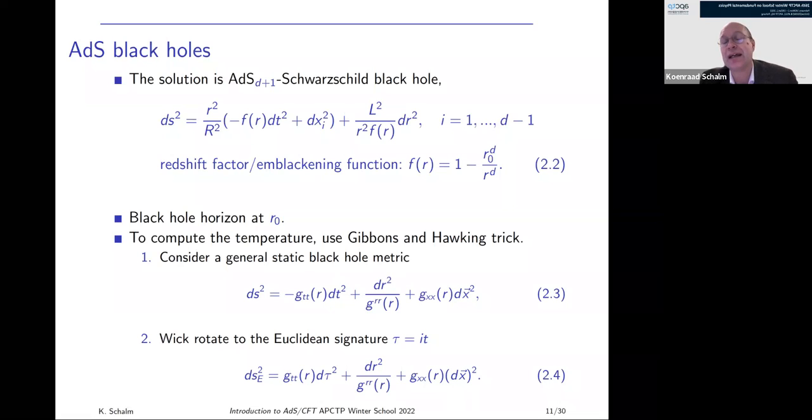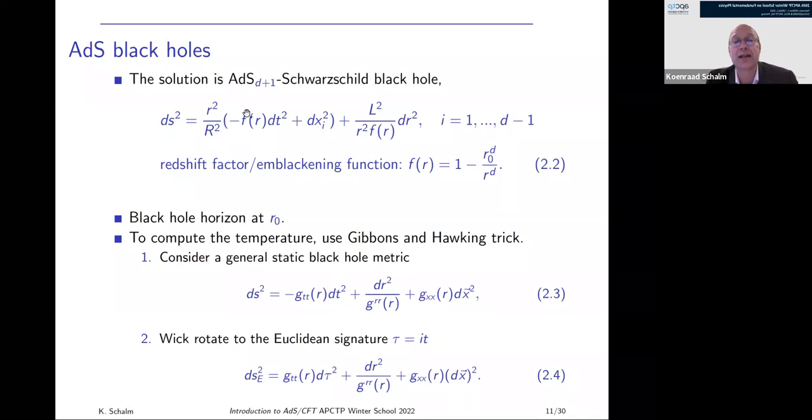And that's because this makes it easy to recognize when you compare it to the ordinary Minkowski Schwarzschild black hole. The only difference is this overall factor, which now doesn't go like 1 over z squared, but goes as r squared, because r is infinity is now the boundary, and r is 0 is the deep interior.